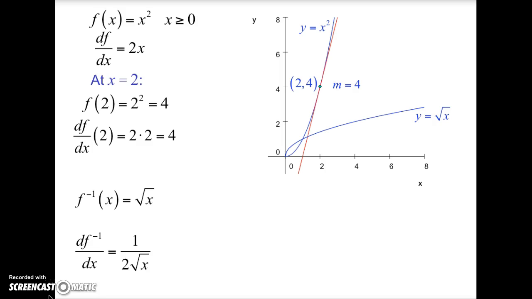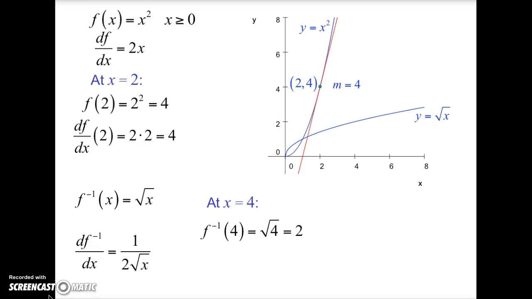So probably you already knew that, and what maybe you haven't heard before is those 2 points, in this case 2 comma 4 on f and 4 comma 2 on f inverse, are called corresponding points. You probably talked about corresponding points on similar triangles or congruent triangles when you studied geometry. So the corresponding point on f inverse, square root of x, would have an x coordinate of 4.